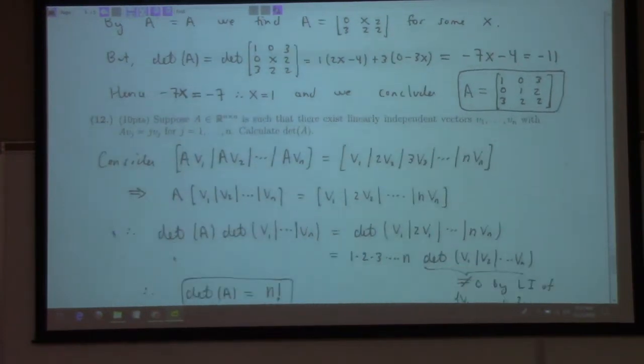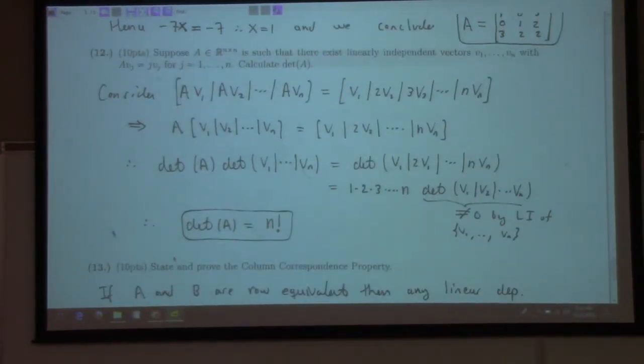Problem 12 suffers from the same kind of problem as the reduced echelon form question earlier, where you've assumed something about the matrix which isn't really given. This actually does not mean that A is diagonal. There are matrices which are not diagonal and yet permit vectors v1 through vn that have that.